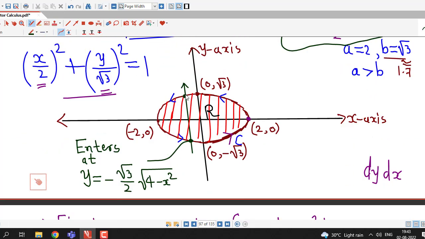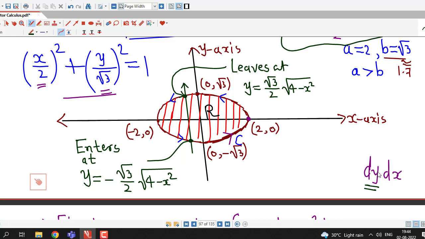And this point is also on the ellipse, and here line is leaving the region, and at this point we have y equal to positive square root 3 divided by 2 square root of 4 minus x square. So these two will be the limits of integration for variable y.